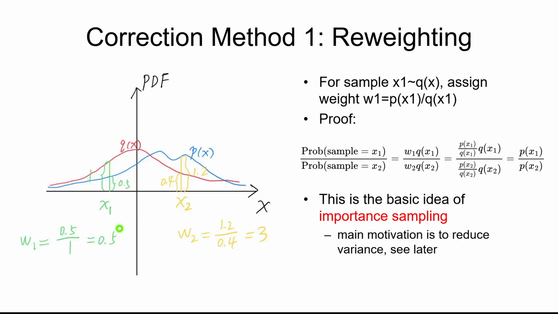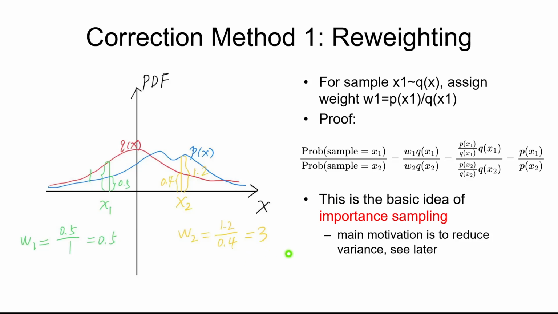So we can see an example here. For x1, P of x1 is equal to 0.5 and Q of x1 equals 1. So for sample x1, we assign weight 0.5. And for x2, P of x2 is equal to 1.2 and Q of x2 is 0.4, so the weight for x2 is 3.